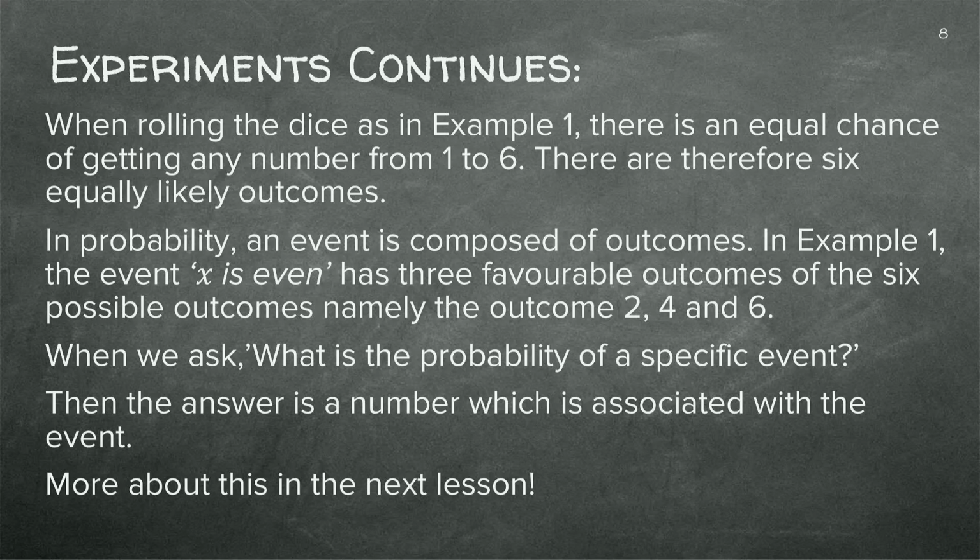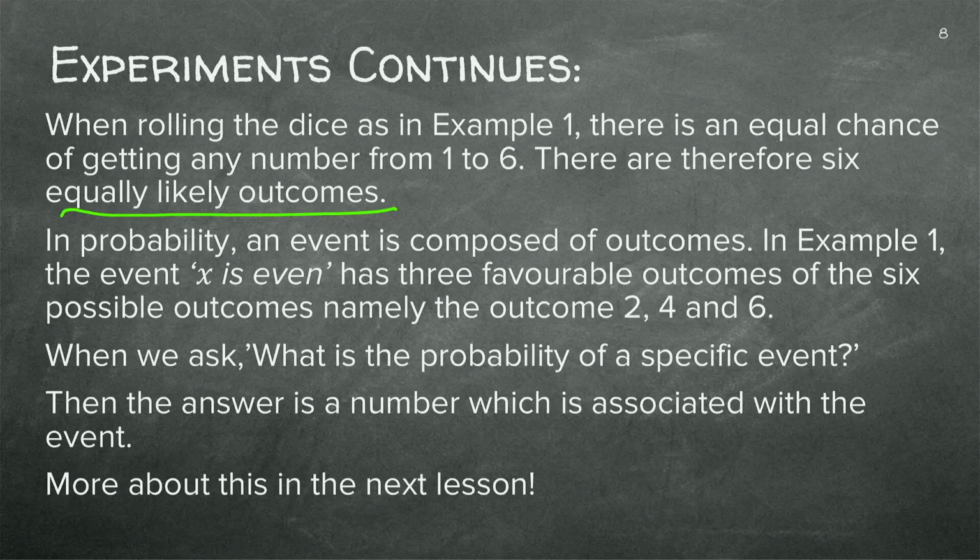Now, when we roll the dice, as in example 1, there's an equal chance of getting any number from 1 to 6. Do you agree with me? So there are therefore 6 equally likely outcomes. So if you throw the dice, there's no reason the side with the 6 is lighter or heavier than the one with the 1. So there are 6 equally likely outcomes. Okay. So in probability, an event is composed of outcomes like we know.